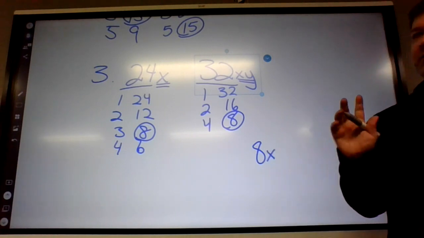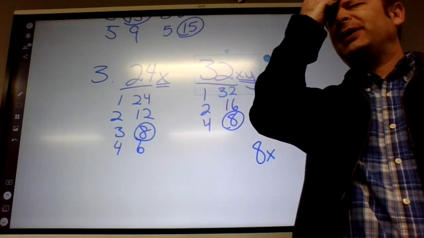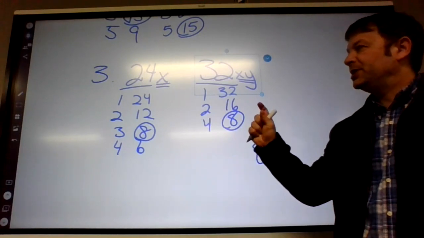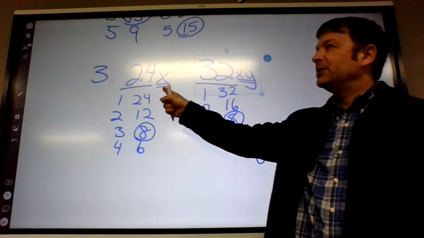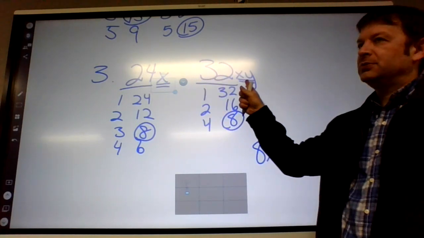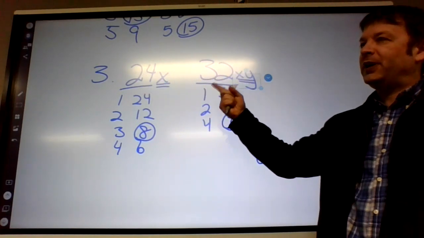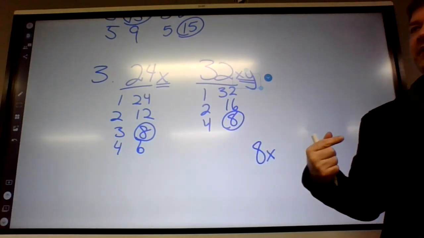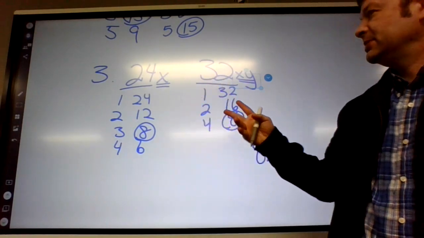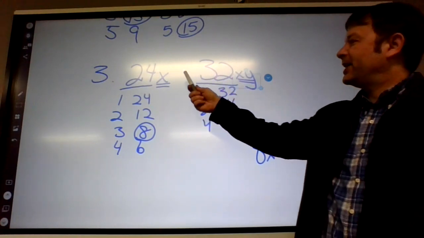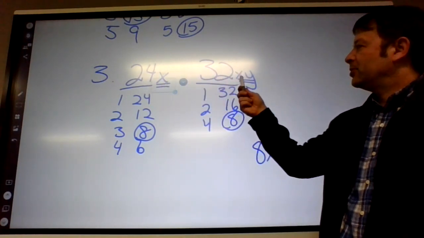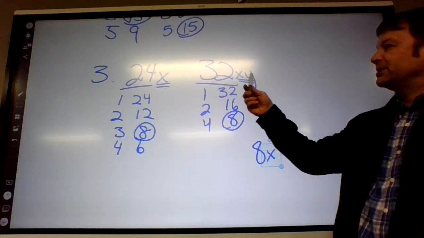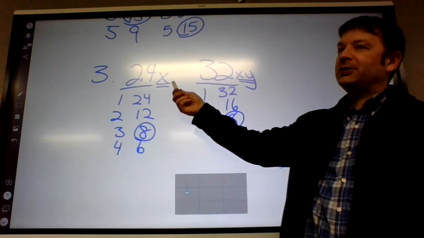Here's my trick. You have to keep this in mind. To find the greatest common factor, you want to use the least of each variable. So greatest, least. What's the least of my x's? 1x. What's the least of my y's? No y's.